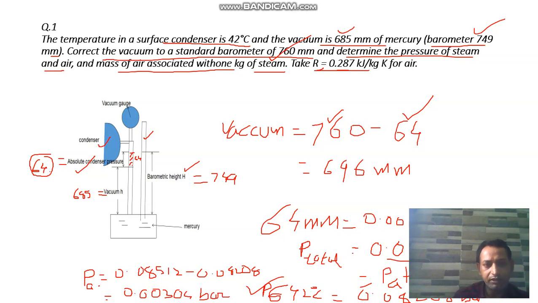So this is part 2, where the air pressure and steam pressure are to be known. Now the mass of air associated with 1 kg of steam. At 42 degrees C, from the steam table, the volume of steam is to be found.